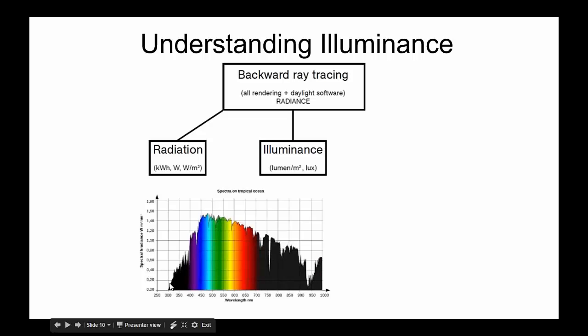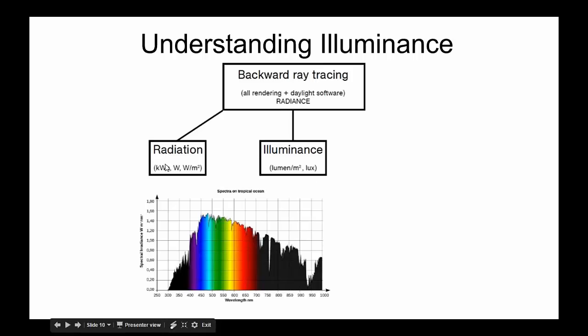So when we look at radiation, we are looking at all of the energy over the entire solar spectrum, which includes a lot of wavelengths of light that we don't see, that our eyes don't perceive because they're infrared. We only register their presence as heat.